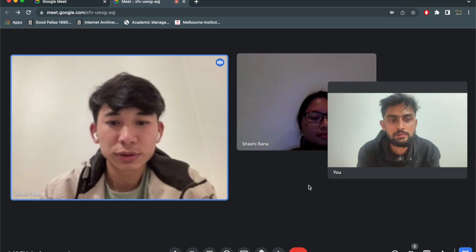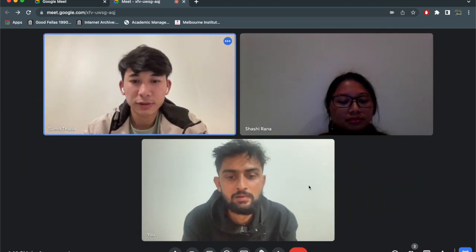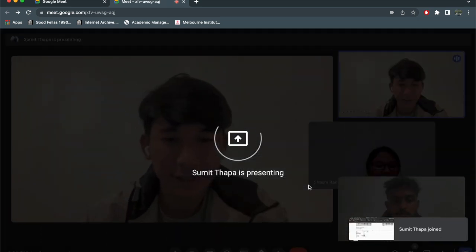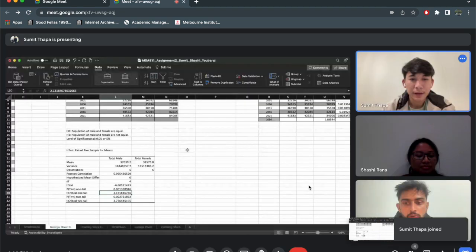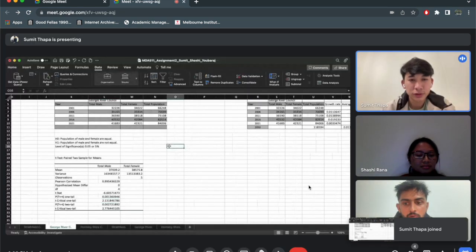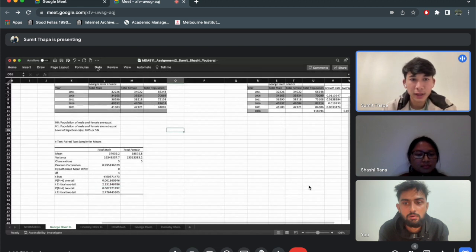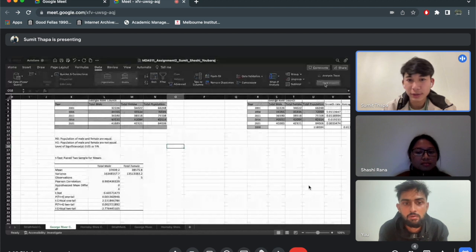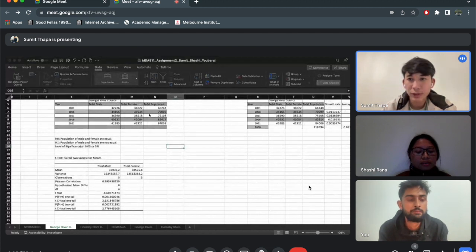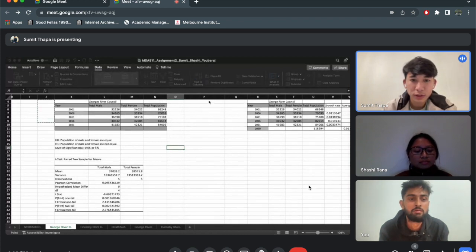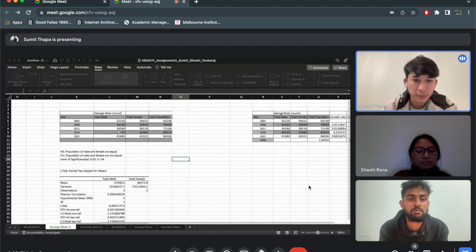To demonstrate the hypothesis, we used Excel. We went to the Data section, then Data Analysis, and selected t-test: paired two sample for means. For variable range one, we selected the total male population, and for the next variable range, the female population.